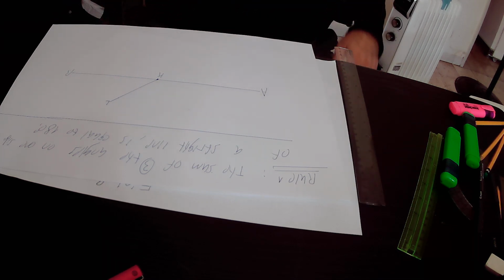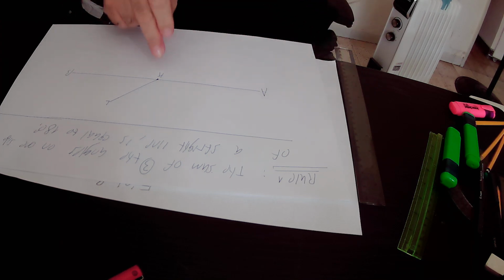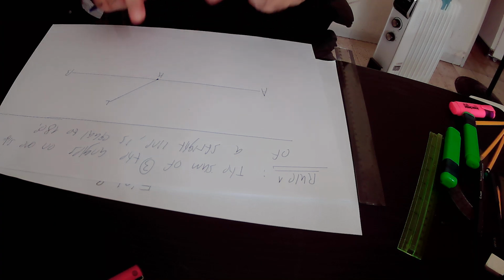If we focus on the upper side of the straight line AB at point K, that is, the upper side is one side of this straight line, because the straight line AB has two sides, the upper side and the lower side, then the sum of the angles on the upper side of the straight line AB at point K must be equal to 180 degrees.